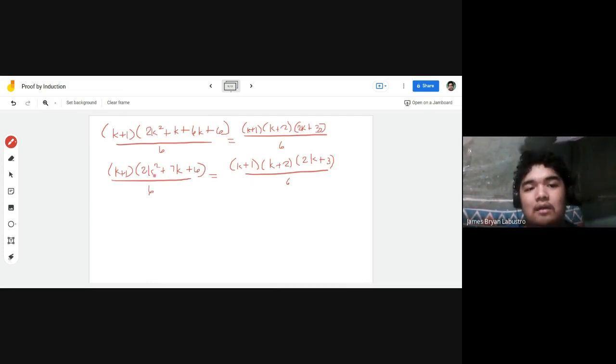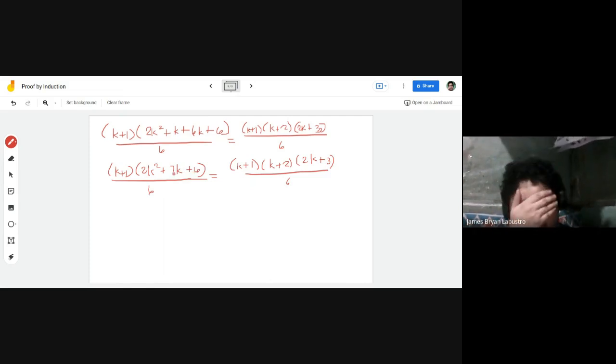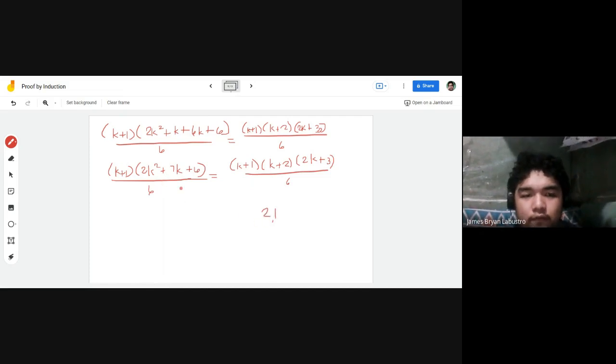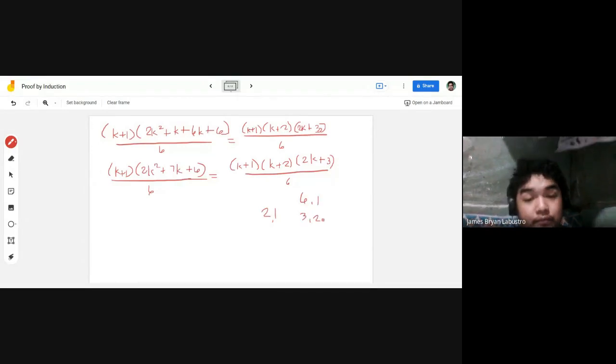We're going to find the factors of this one. Okay, we're going to multiply this 2 and 6. So how are we going to do it? Let 2 and 1 be the factors of 2, and for 6: 6 and 1, and 3 and 2. So that would be the factors of 6.